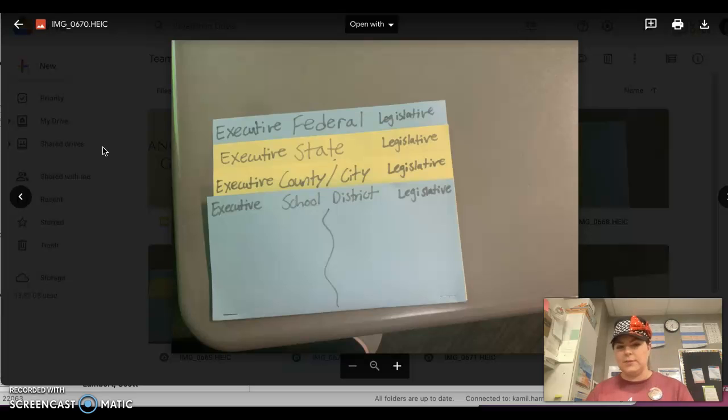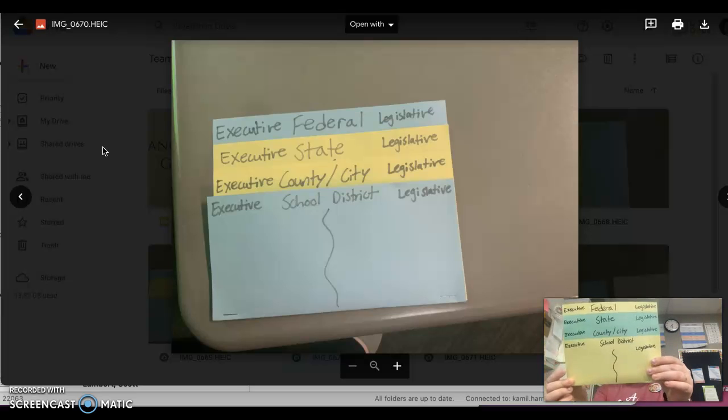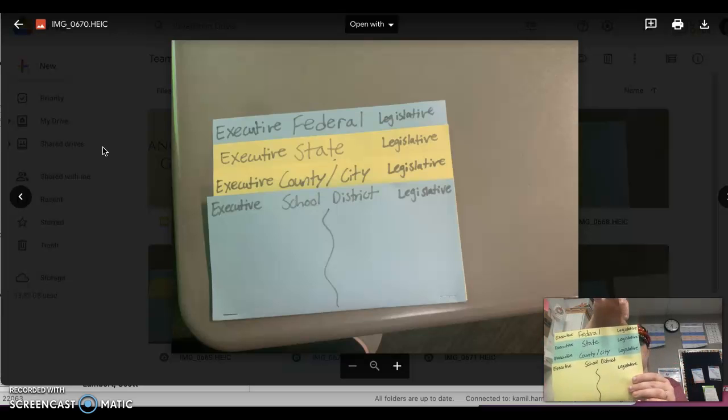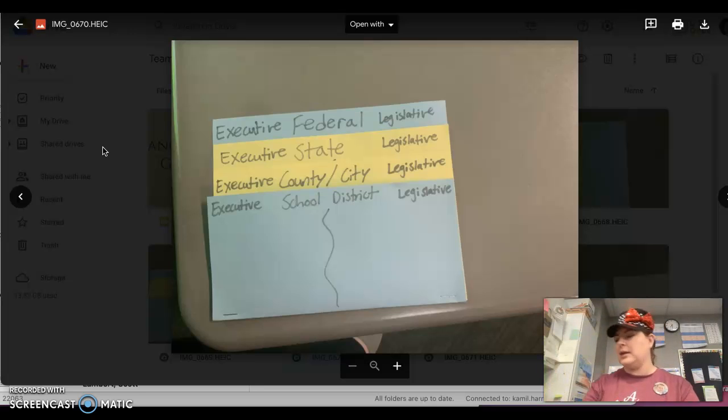But if you were concerned about something going on in Portugal, you could write a letter to the federal government, the federal level of government, because they're the ones who care about foreign affairs. And that would be the executive branch, because they are the ones that deal with foreign powers. If you wanted a law made that said people shouldn't be allowed to travel to Portugal, that would be the legislative branch, because the legislative branch makes laws and the executive branch enforces laws and deals with foreign countries.